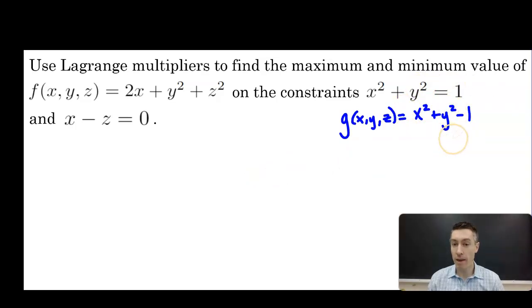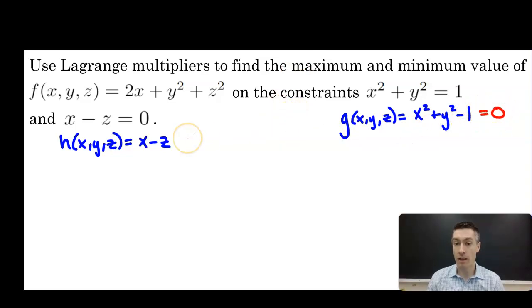Only in terms of x and y, that function, but the constraint could be in terms of all three. And then our constraint curve h of x, y, z is x minus z. Again, in terms of only two variables, it could be in terms of three. And in a way, because both these constraints are in terms of only two variables, that should make things a little bit easier. But we'll see as we get into the problem.